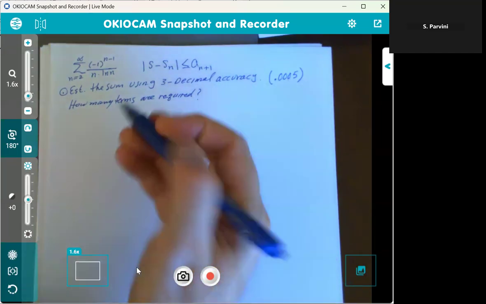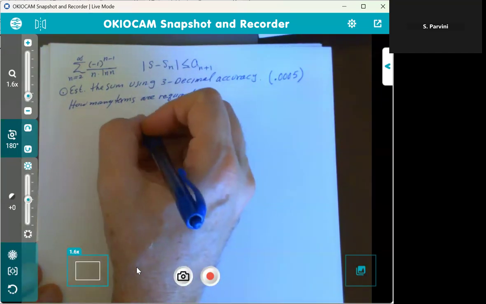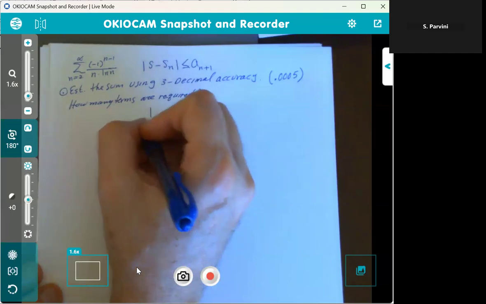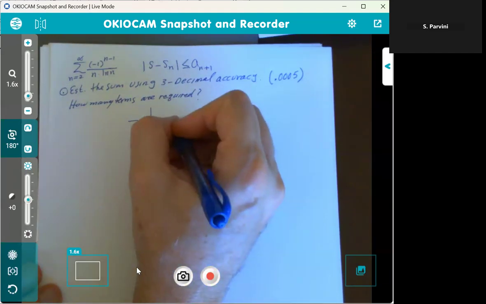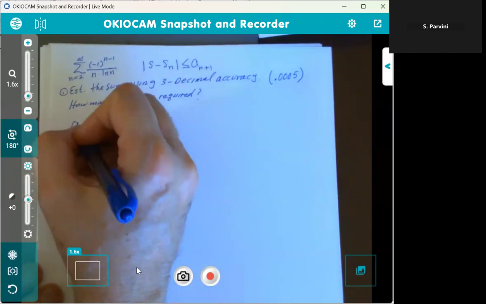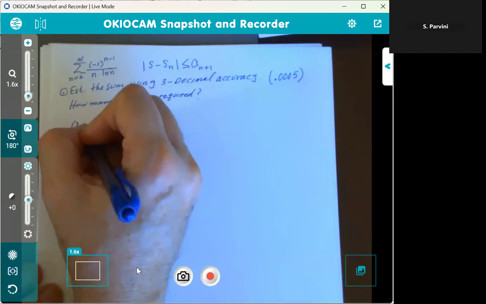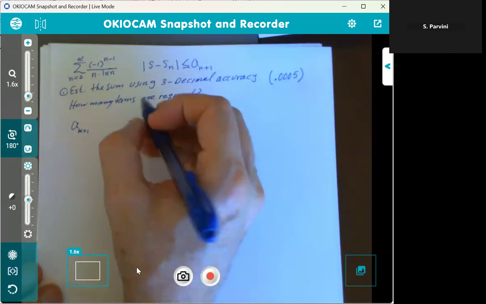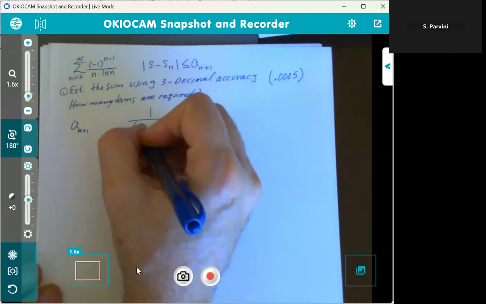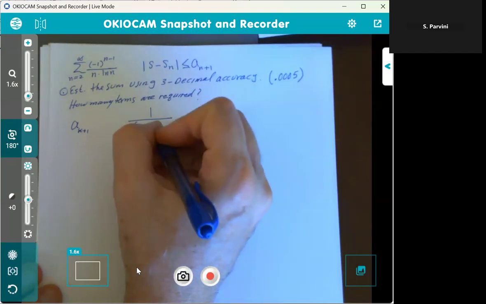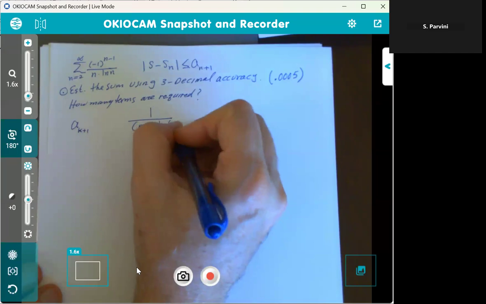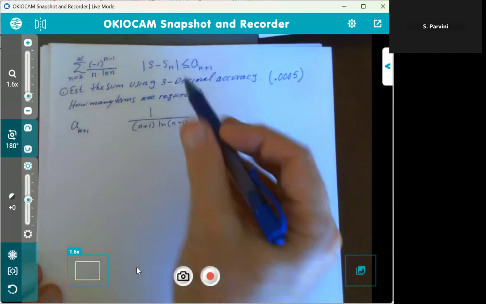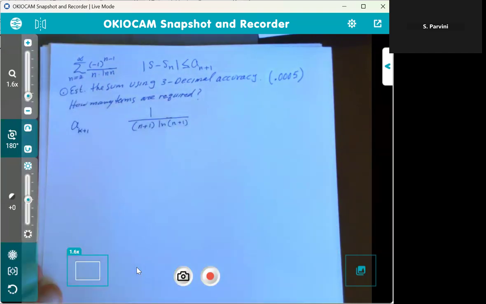So for that one, remember, we want our next term in the series, that's a sub k plus 1 or n plus 1, and it's going to be n plus 1 and then natural log of n plus 1, right? This is the next term in the series.